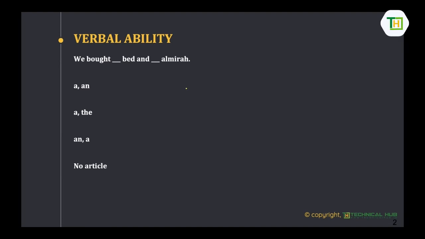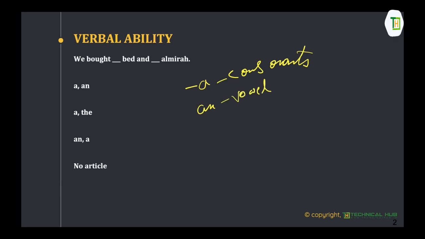Rule number 1, a is used for consonant sounds. Rule number 2, an is used for vowel sounding words. Bed, the B sound, is a consonant, so a.